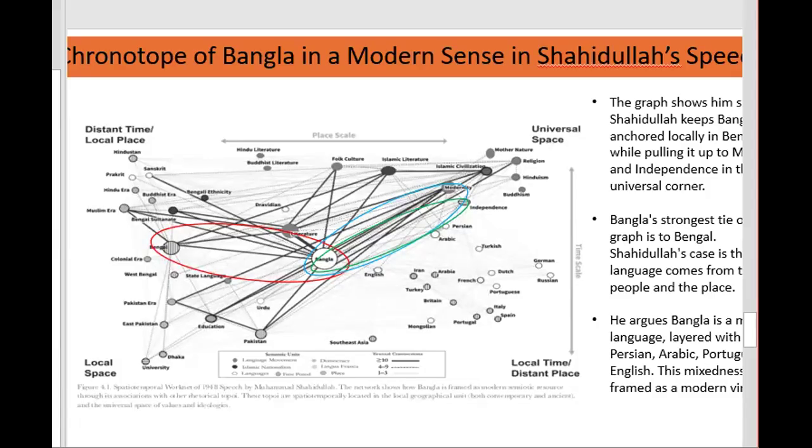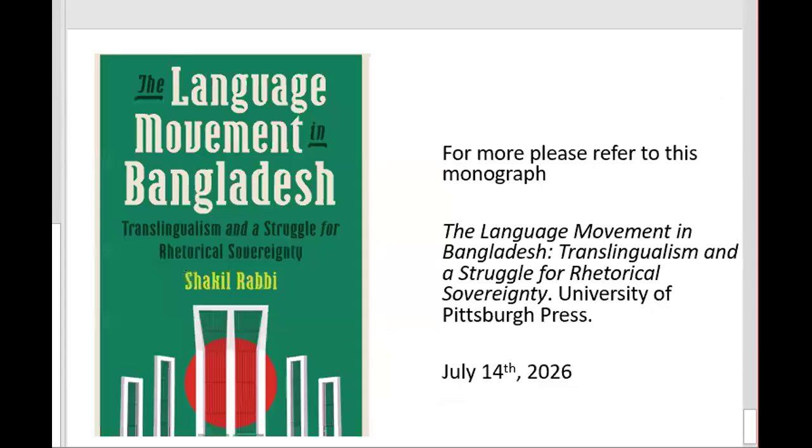This chronotopic representation happening within arguments is also something I would argue is very useful to look at when we're trying to understand non-Western rhetorical frameworks in a way that makes them legible to the field. So that's my spiel. I know I ran over, I'm sorry. It comes from this book, which hopefully will be out on the 14th. It's called The Language Movement in Bangladesh: Translingualism and the Struggle for Rhetorical Sovereignty. Thanks everyone for listening.